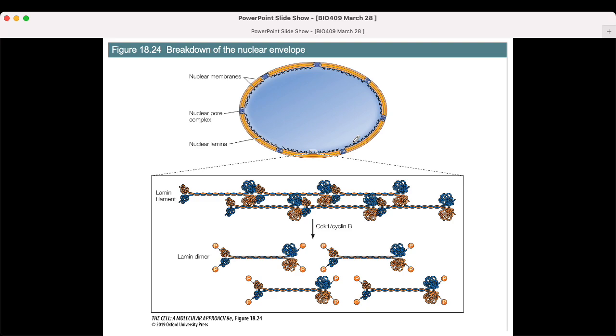When you phosphorylate it, it disassembles into the individual monomers temporarily. When M phase is done, the CDK gets inactivated, the phosphates are removed, and it spontaneously reassembles, and the nuclear membrane forms around it again, and we get the nucleus again.